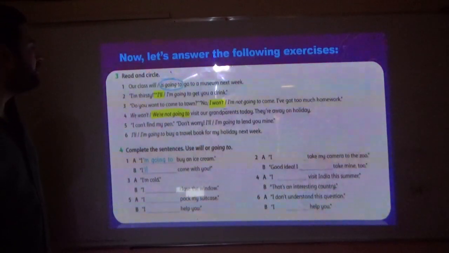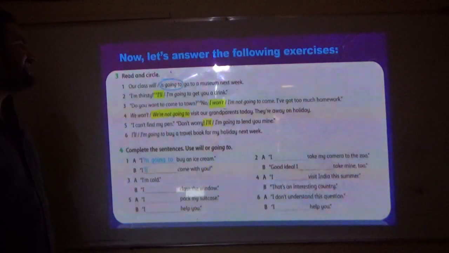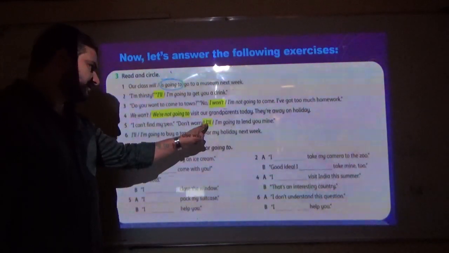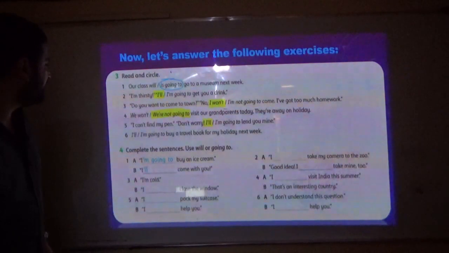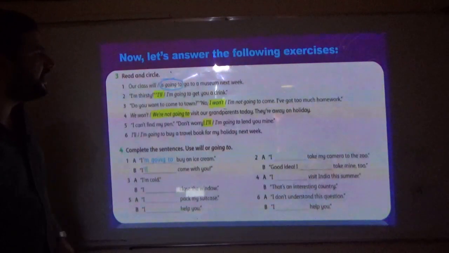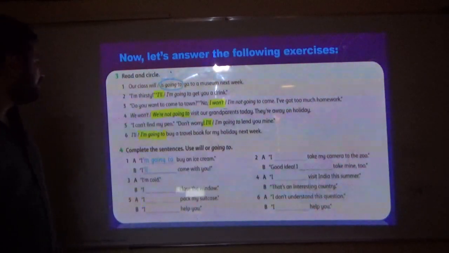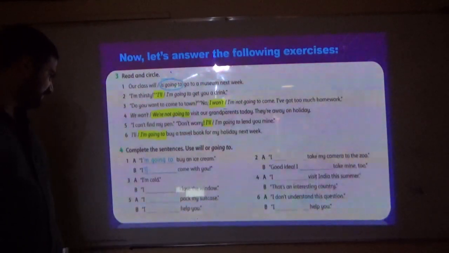I can't find my pen. Don't worry. Yes, I will. This is like a quick decision again. After that, I'll or I'm going to buy a travel book for my holiday next week. I'm going to buy, because it is planned already.